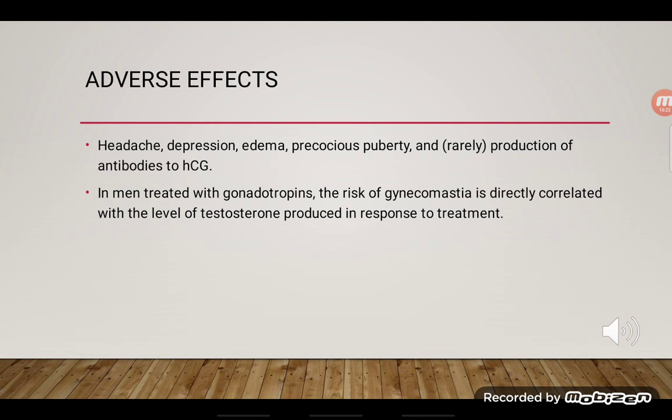Again, as we said previously, gynecomastia depends on how much testosterone is injected or produced in response to treatment with gonadotropins.